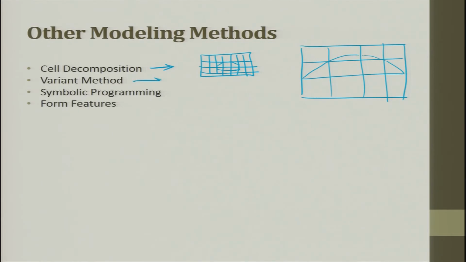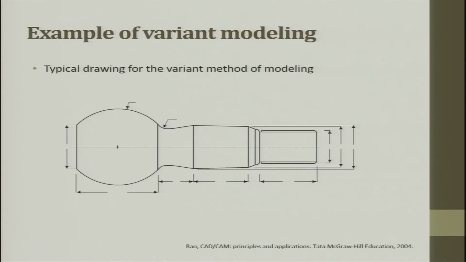Then we will also see what is variant type, symbolic forming, symbolic programming and form features. This is a variant method of modeling, in which we define x1, x2, x3, x4, x5, 6, 7 and 8.